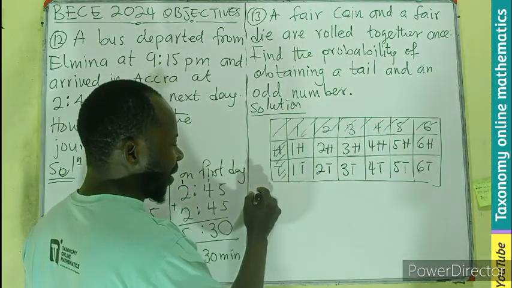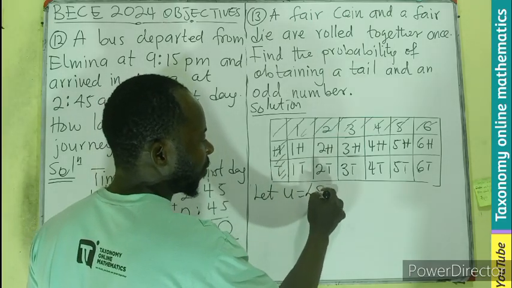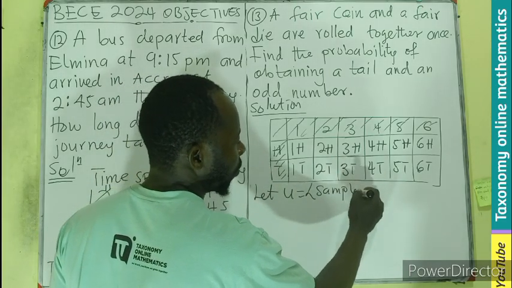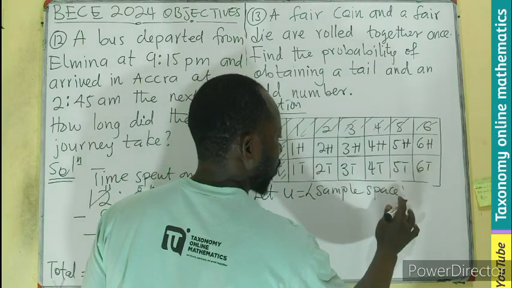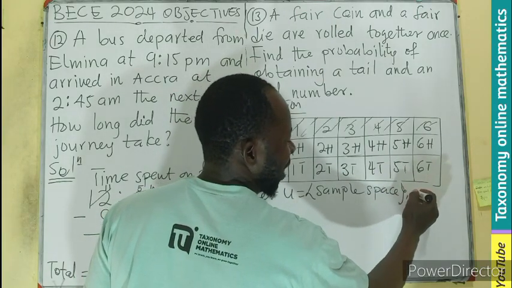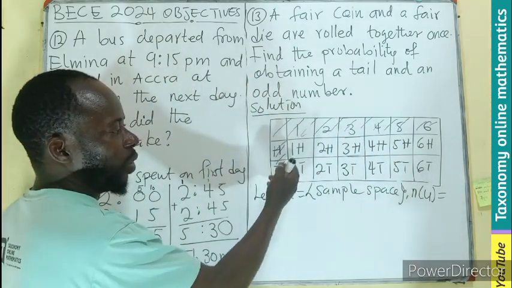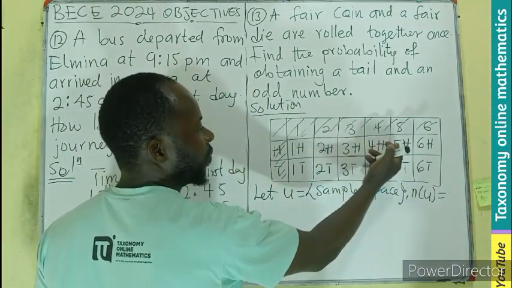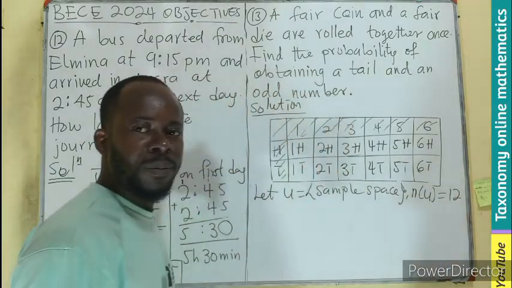So we can say that if we let U be the sample space, then the number of U in this sample space will be 1, 2, 3, 4, 5, 6. 6 times 2 will give us what? 12.